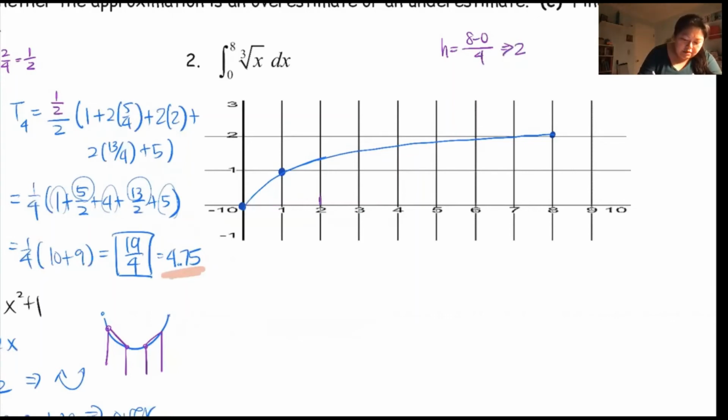That means every 2 I can mark my trapezoid, right? So here is 1, 2, 3, 4. Okay, same as before, go up to your function, up to the function, up to the function, up to the function, and then connect your endpoints. And again, as you can see, when your graph is slanted, the trapezoid actually looks really good, right?